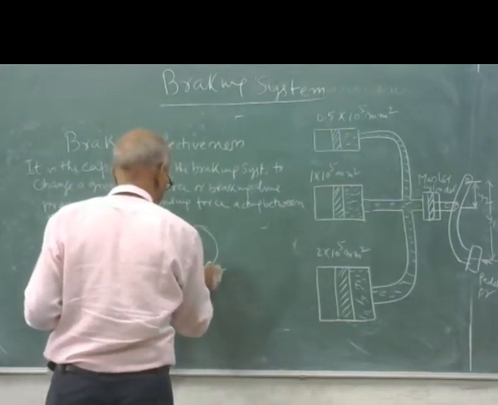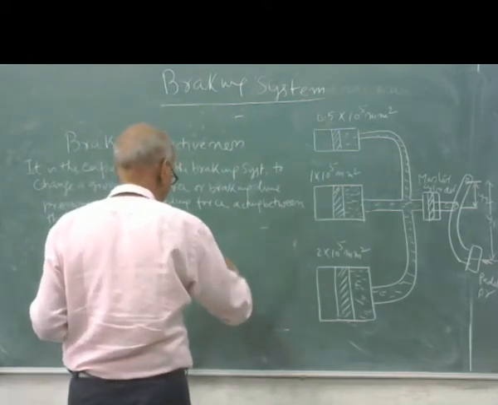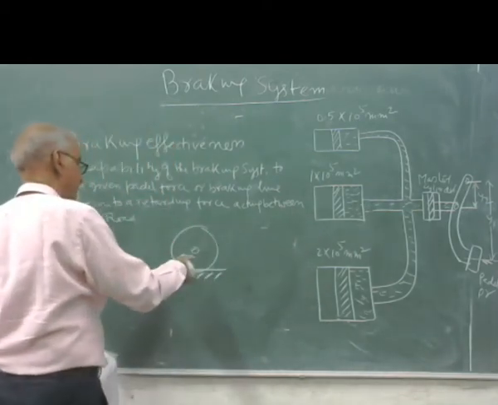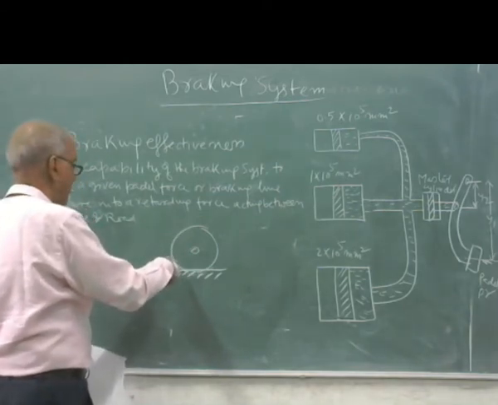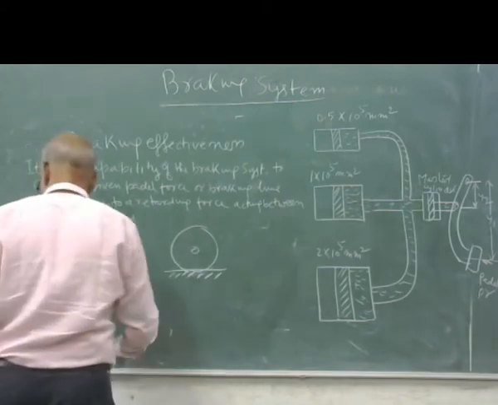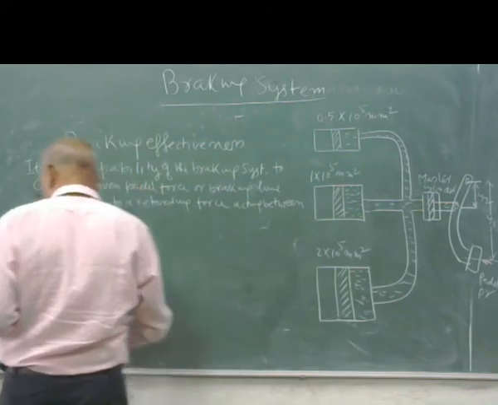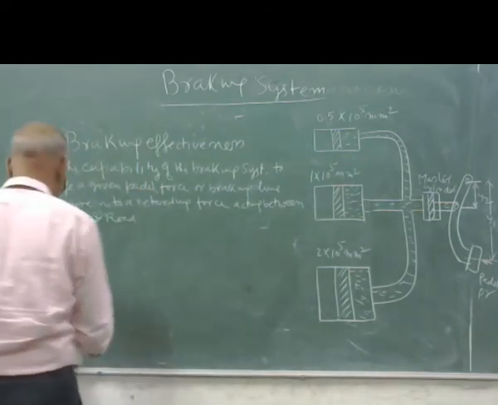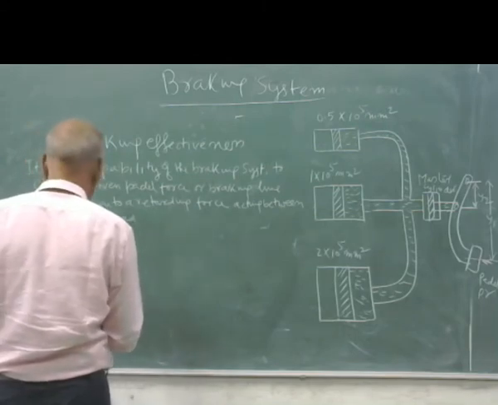When you apply the brake, it is transmitted to the wheel, and that pressure determines the force acting between the tire and road. Okay? So this is called your braking effectiveness.